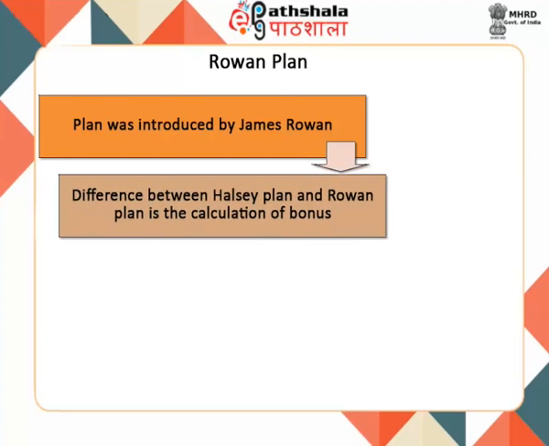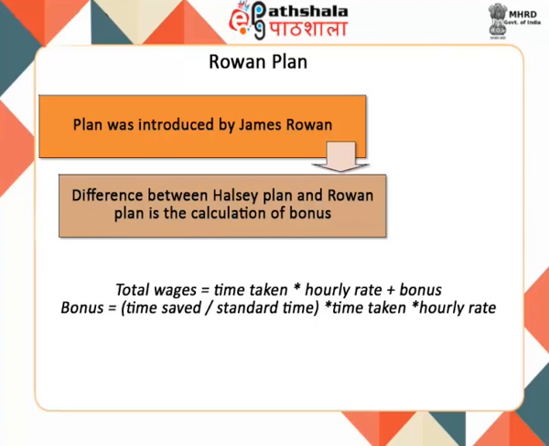Rowan plan. This plan was introduced by James Rowan. The only difference between Halsey plan and Rowan plan is with respect to the calculation of bonus. Instead of 50% of the time saved, bonus is calculated as a proportion as follows. Total wages equal time taken multiplied by hourly rate plus bonus.